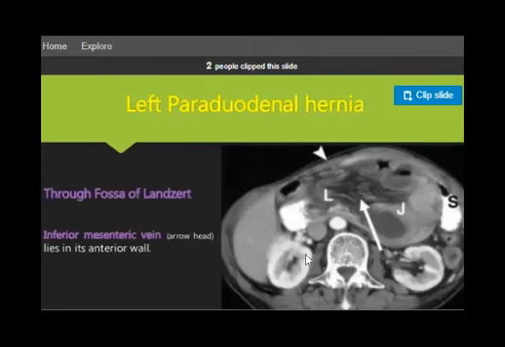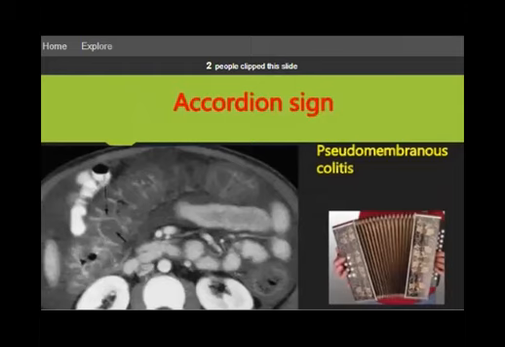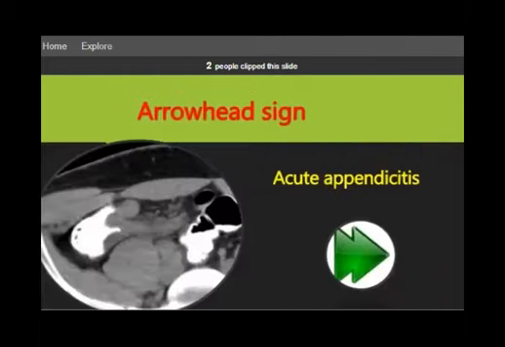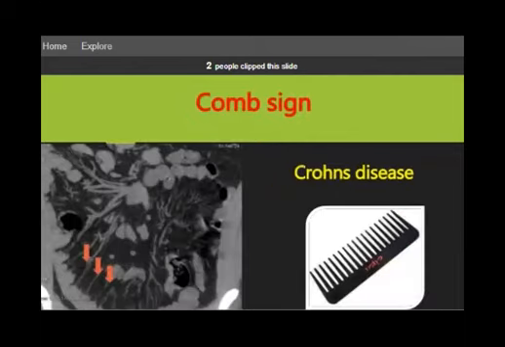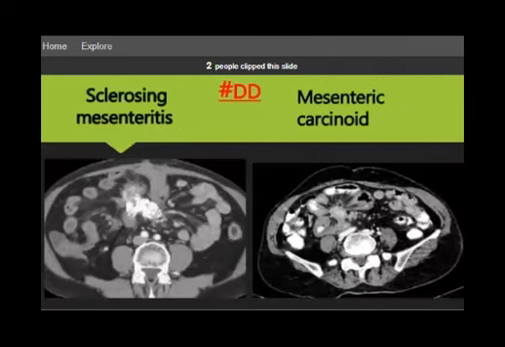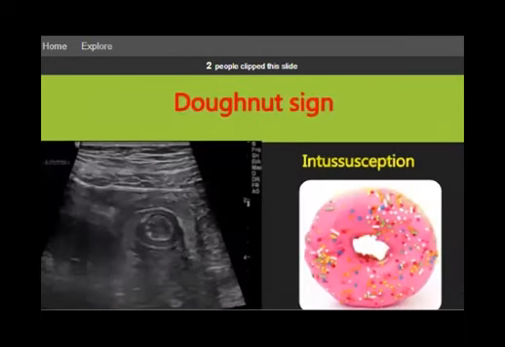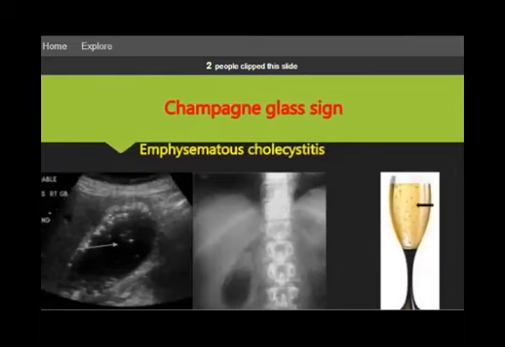Right? Yeah? Okay. Accordion sign, pseudomembranous colitis, we mentioned it. And acute appendicitis, something called arrowhead sign. Comb sign, Crohn's disease. Sclerosing mesenteritis versus mesenteric carcinoid. Donut sign, who likes donuts, intussusception.